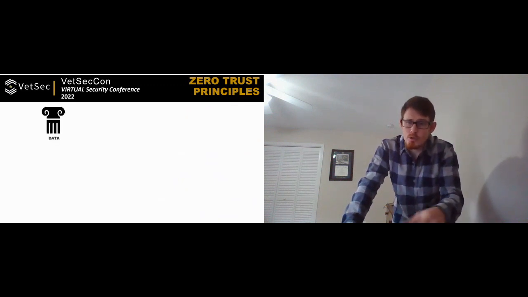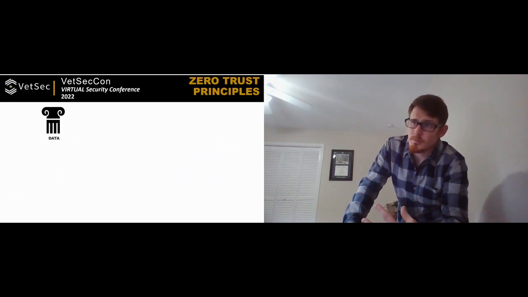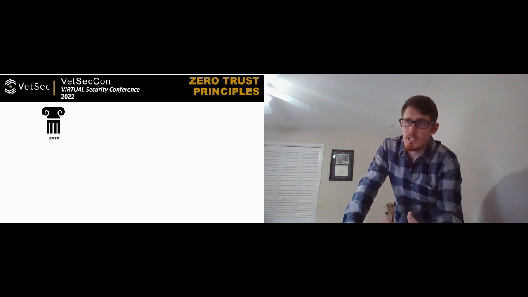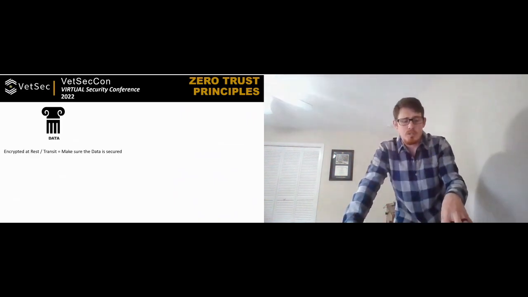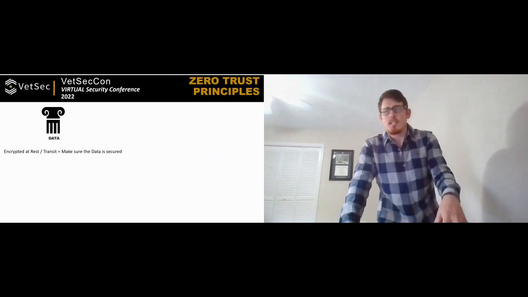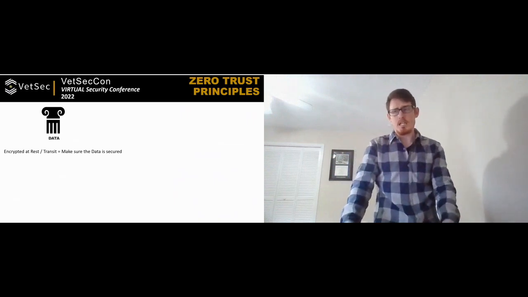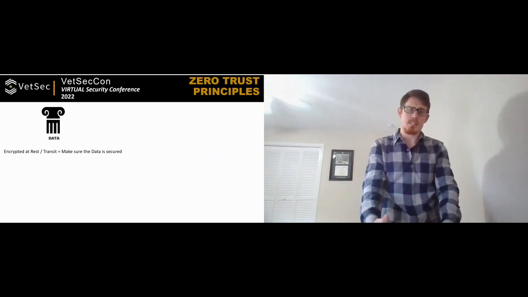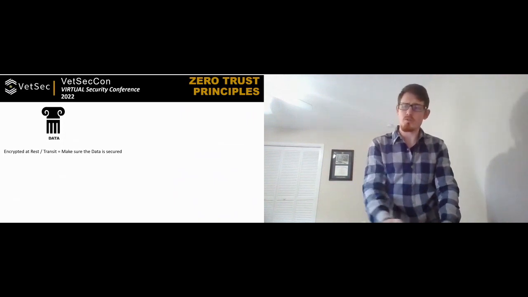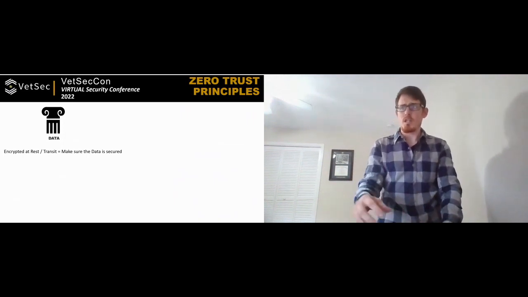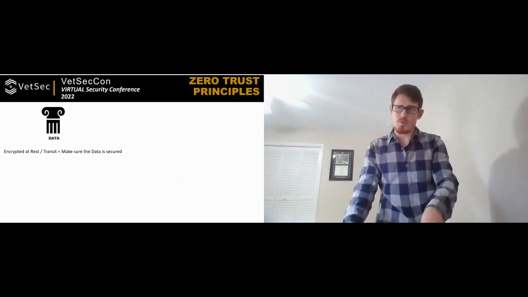Right, and the most critical pillar of what we all want to protect is the data. We want to make sure that this data is encrypted at rest, and as it moves throughout the network or goes wherever it needs to. It has to be secured.